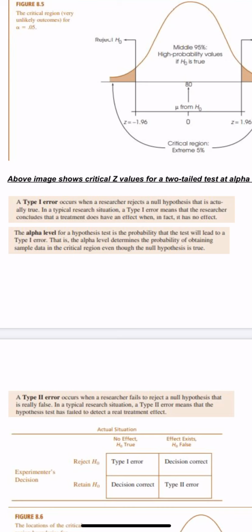If we're significant at the 0.05 level, then there's just a 5% chance that we're making a type 1 error, a 5% chance that we got these results by chance. If the alpha level is 0.01, then the probability of making a type 1 error is 1%, and that means we could be 99% confident that we did not get this result by chance, or there's a 1% chance that we got these results by chance.